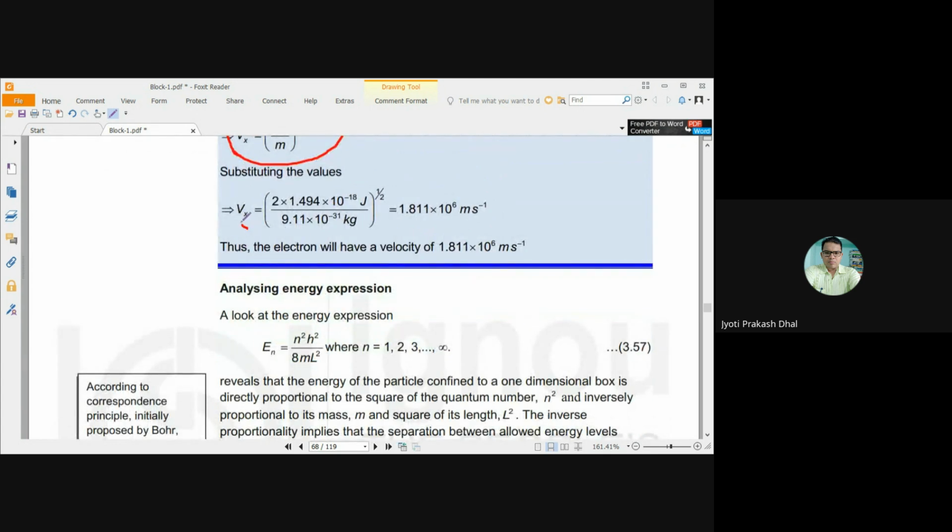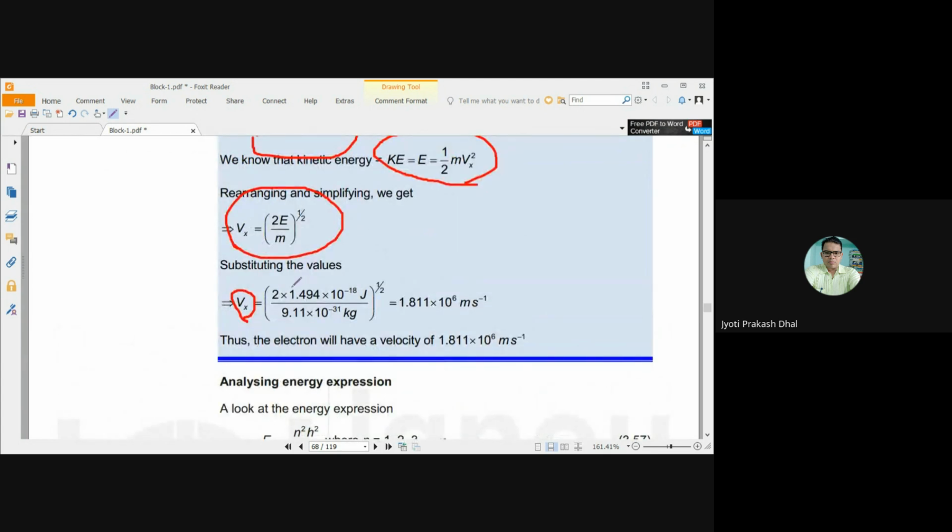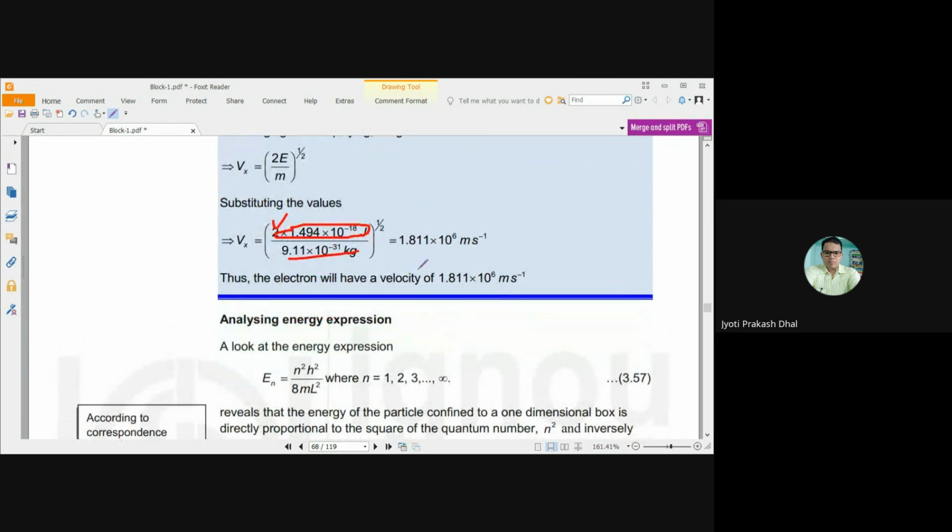The velocity of the particle is 2 into the calculated value of energy in the previous part, divided by the mass of the electron, to the power half. After that we will find that the velocity of the electron is 1.811 into 10 to the power 6 meter per second.